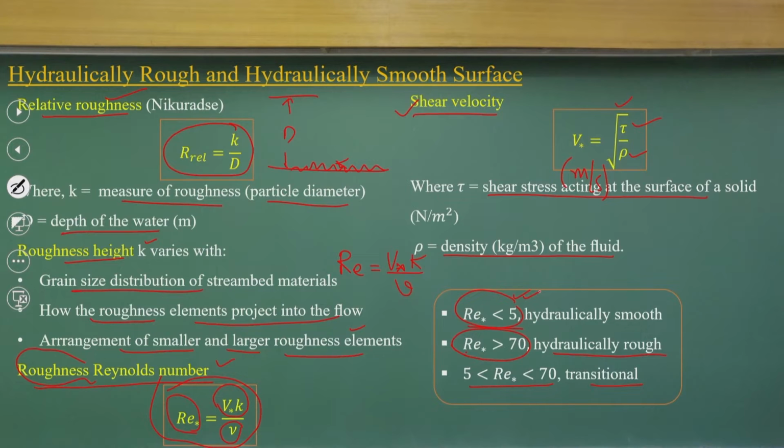The same way, we define it here in terms of the roughness Reynolds number. When the roughness Reynolds number is more than 70, we define hydraulically rough conditions, where the roughness thickness is larger than the thickness of the laminar sublayer.